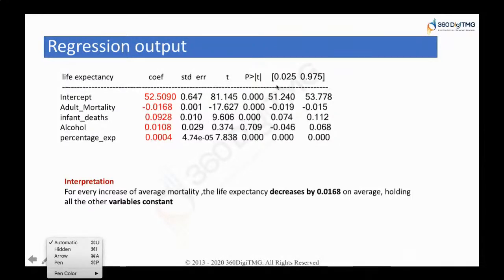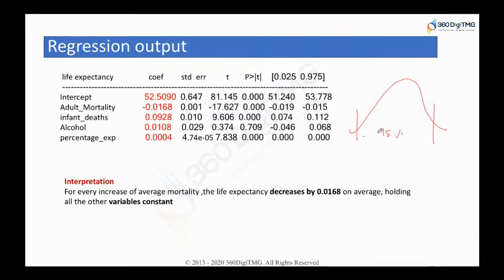And see here, you even get the output related to the confidence interval at 95%. Whenever you draw a bell-shaped curve, this is the area being covered: 95% of the area. So what is the probability of the value falling here? When you're predicting, you're not predicting a single value, because the probability of a single value is 0.